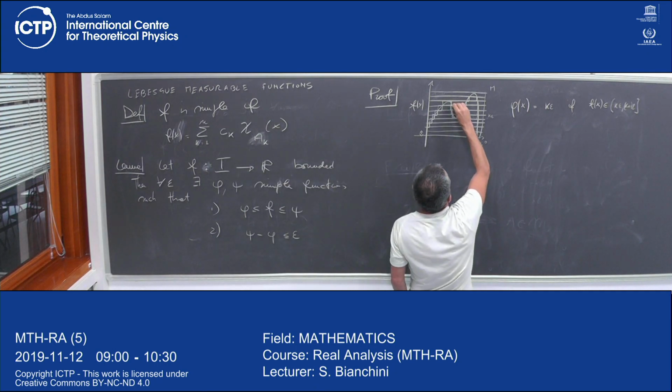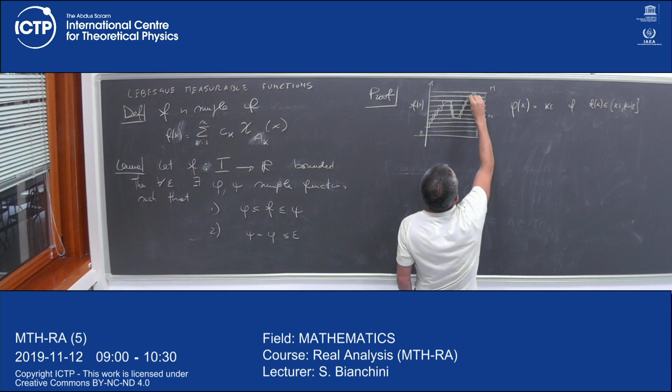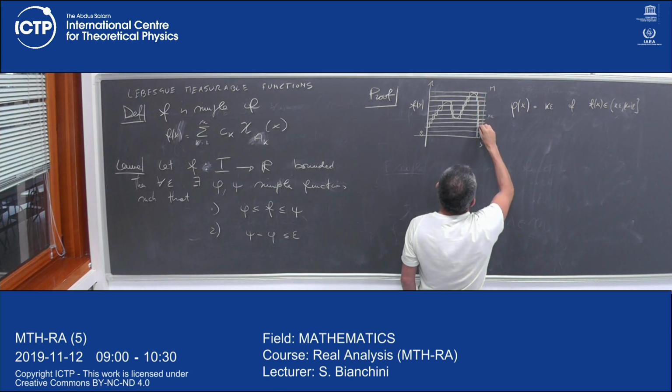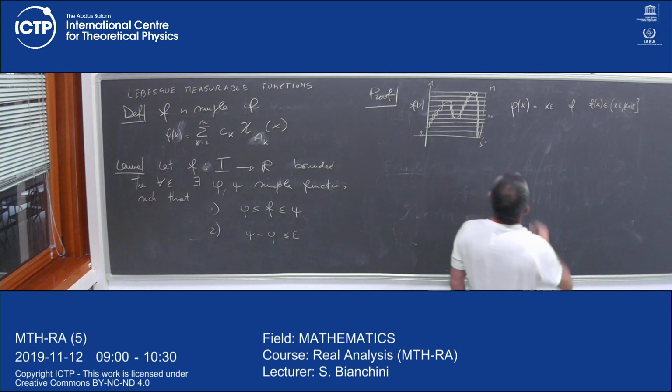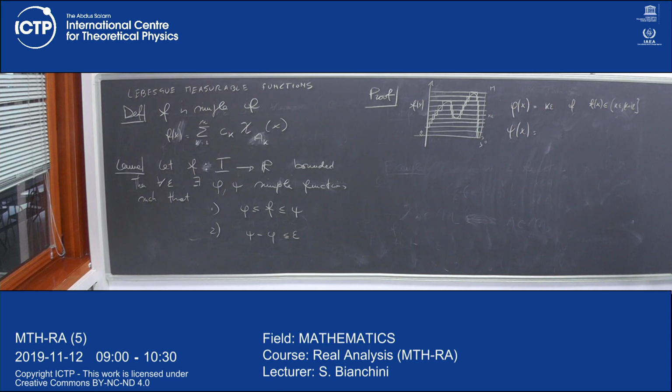Okay, so I just draw it just to be sure. Okay, whatever. This is a little bit sticky. So psi of x is equal to k plus k plus 1.